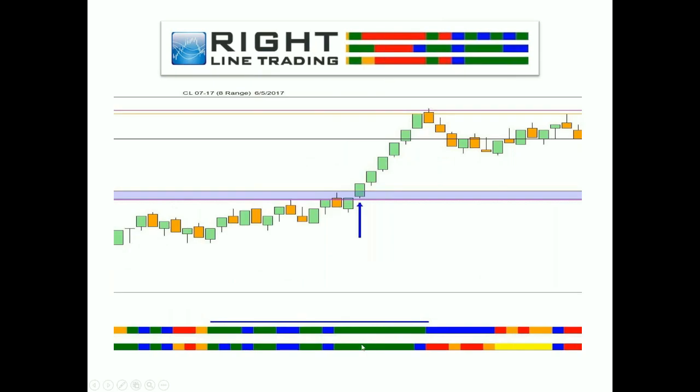Now, here we have two independent variables, or two independent forces, which must align to take a trade. And it's the same thing right here. Price is doing nothing, but once it breaks resistance, you've got a long trade. You can only trade in the direction of the multi-time frame assessment of momentum and order flow.